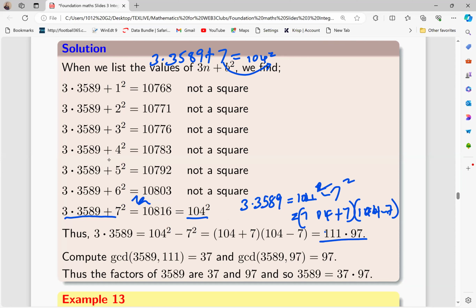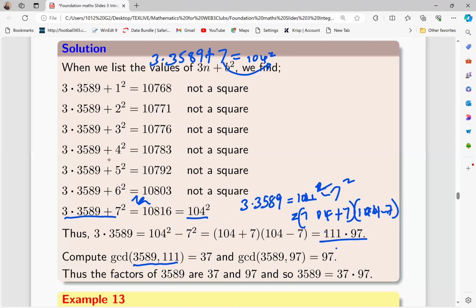And again, these are not the factors. Because we had multiplied this number by a constant, so we then have to get the GCD of what we've just obtained combined with the n. So our n is that 589, and one of the numbers is 111.